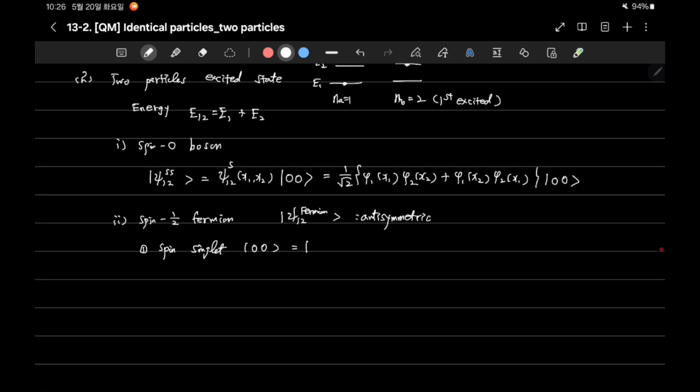in the uncoupled basis, spin 1/2 and spin 1/2 and 0, 0. In other words, it is a combination of spin up-down minus down-up. It is an antisymmetric spin function.